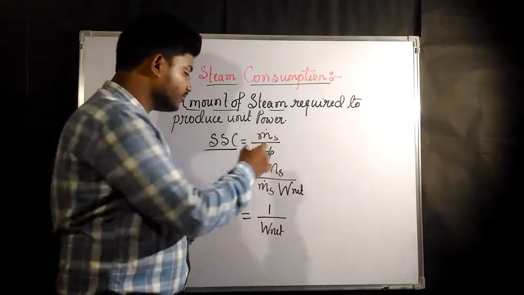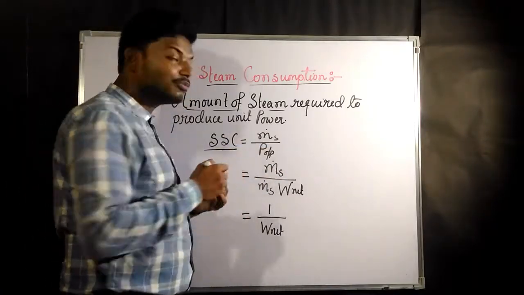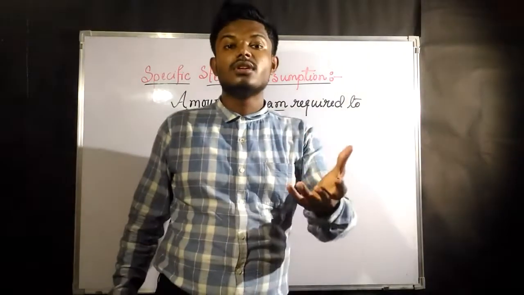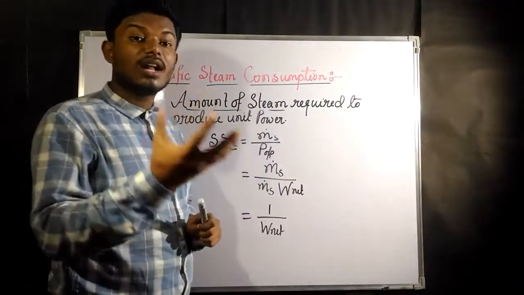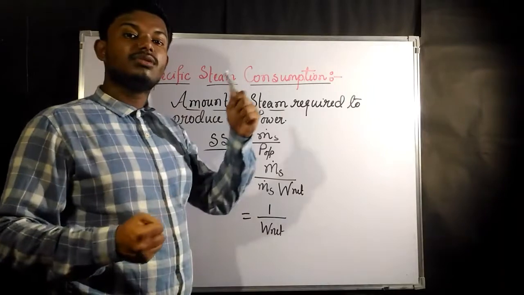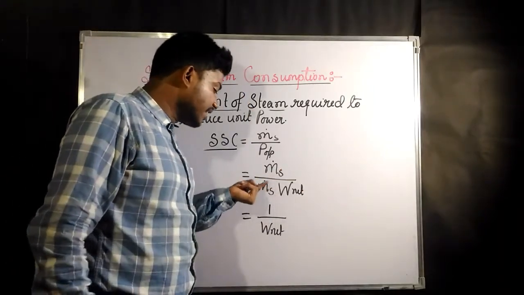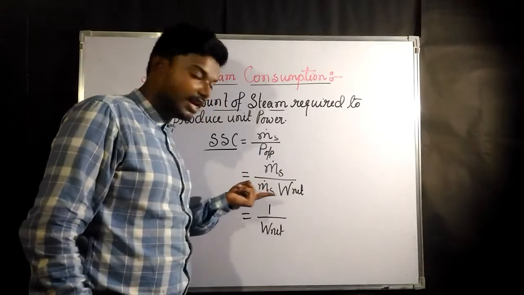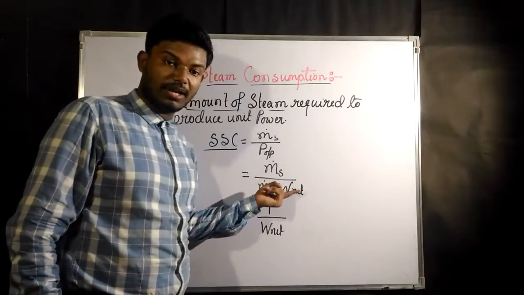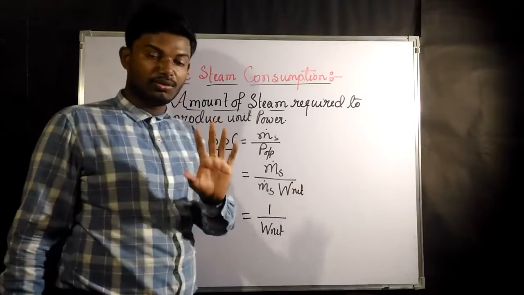If you see here, power output is nothing but mass flow rate into W net, because work done per unit time is going to be your power. In the mass flow rate there is mass by unit time, and there is W net, so W net by time is going to give you power.